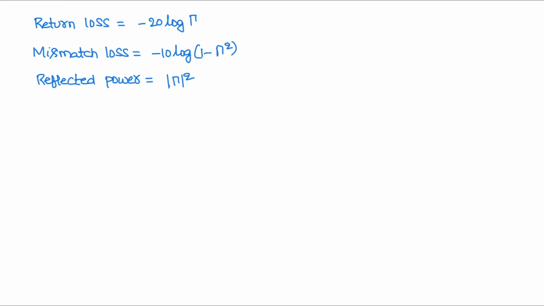This is termed the mismatch loss. Return loss is minus 20 log of gamma dB, whereas mismatch loss is given as minus 10 log of (1 minus gamma squared).